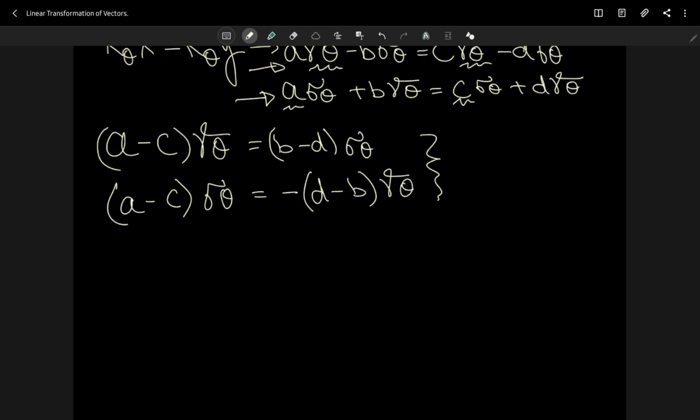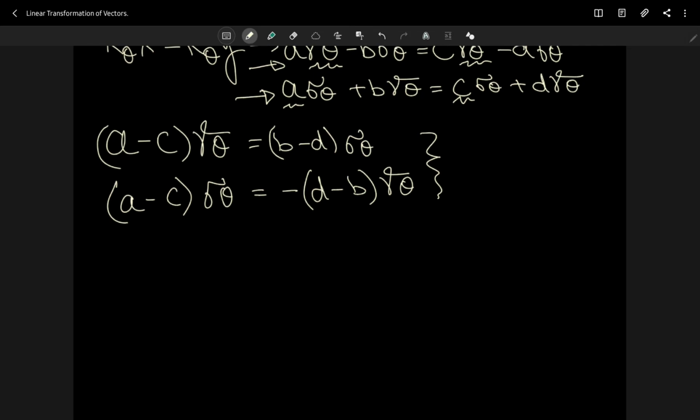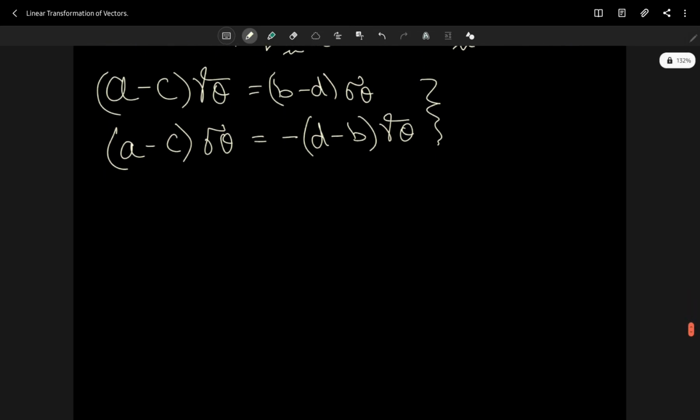Now if you look at these two sets of equations, they imply that your cotangent theta has to be equal to minus tangent theta.